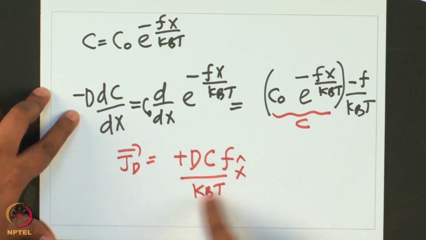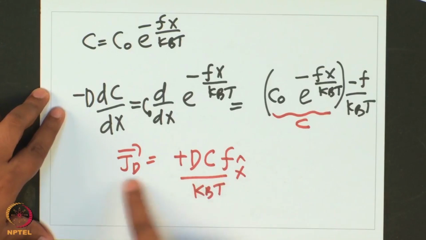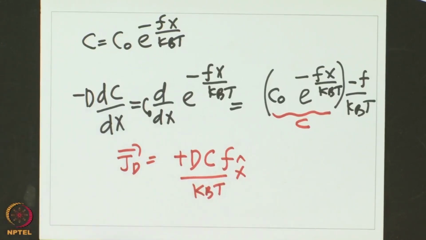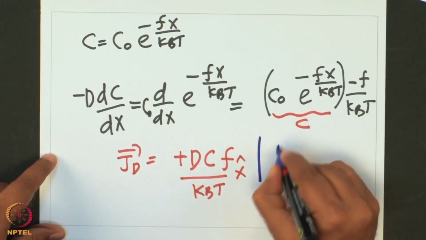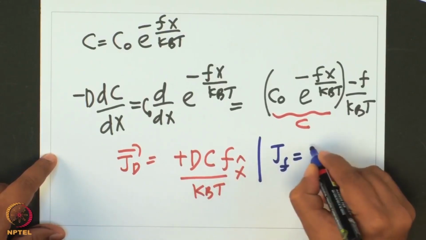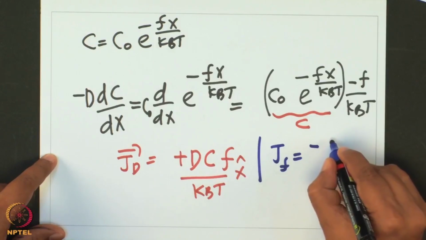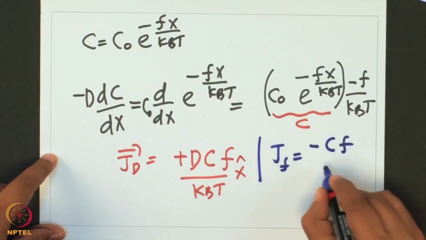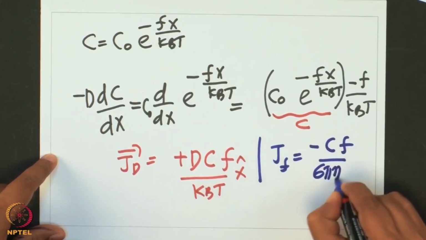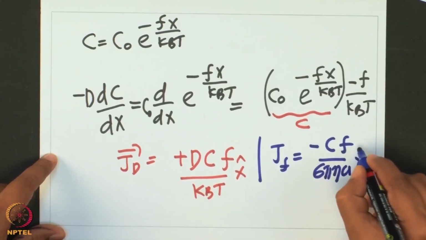So D C F by kBT along x cap will be the current. And the other flow, which we already know, is JF, which is minus C F by 6 pi eta A x cap.